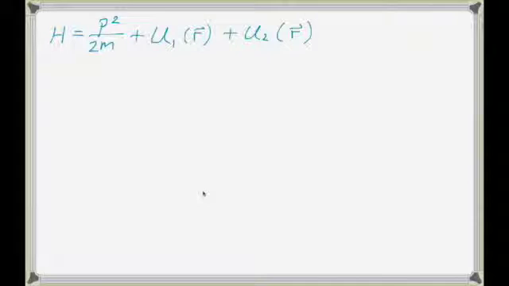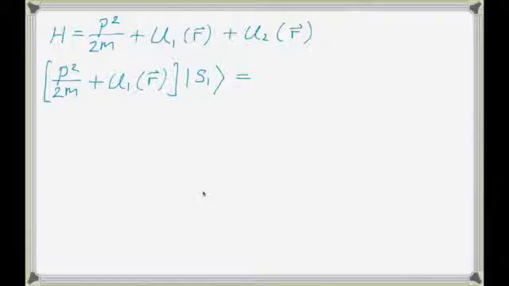And these s orbitals are eigenstates of their individual atoms. Initially we take our hydrogen atoms to be infinitely far away, and so these s orbitals will be the eigenstates of the individual atom that they sit on. So that means that p squared over 2m plus u1 of r acting on s1 is just the energy of that s orbital times s1.